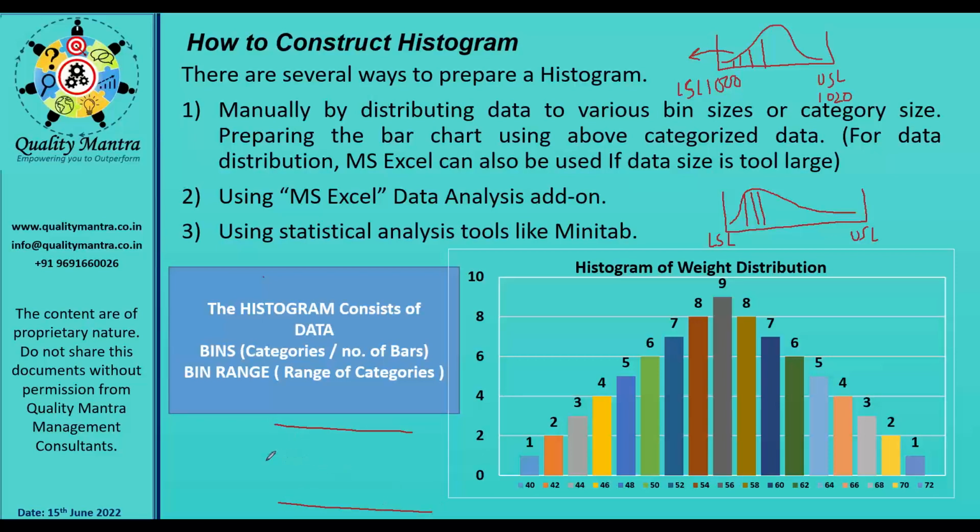Basically what we have seen yesterday, this is your average line, this is your lower control limit, and this is your upper control limit. Now many of the data are like this, and you are driving your vehicle nearer to this area. That's why it has come on your histogram, with many of the data towards the lower specification limit.